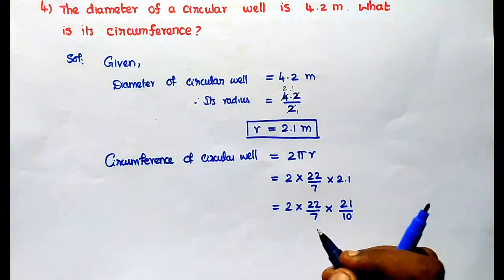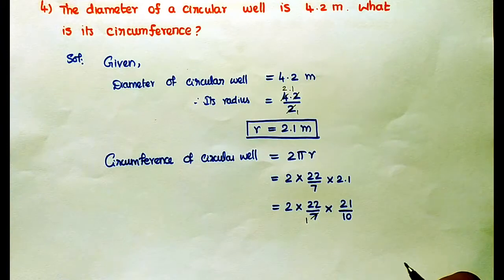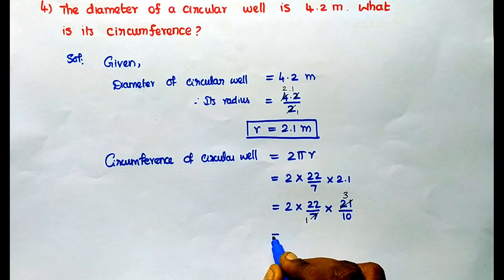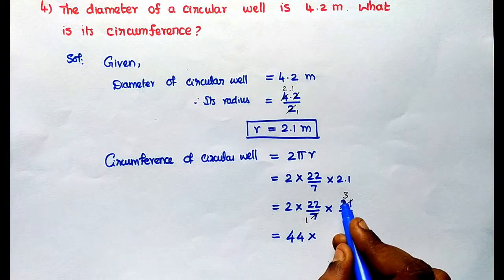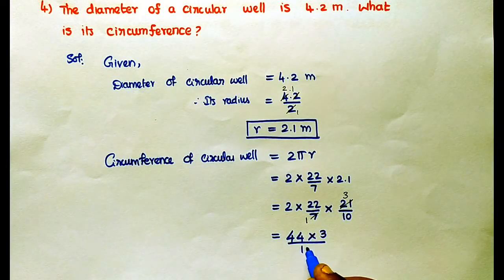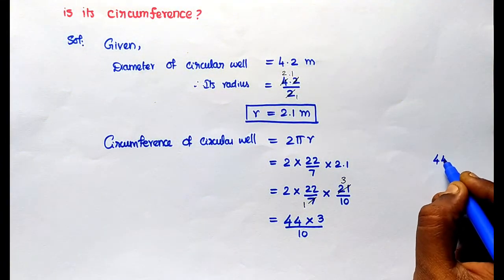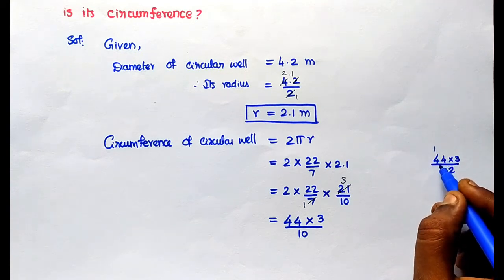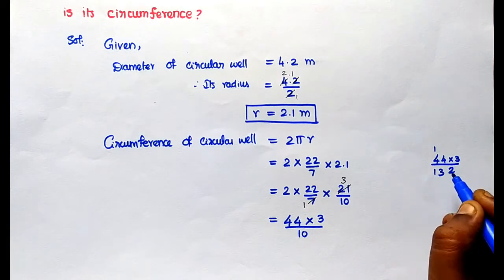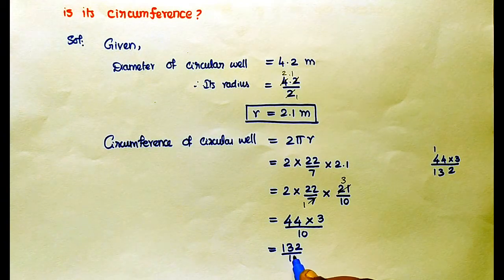Now cancel this number. We get the whole number, no. 1 7 is 7, 3 7s are 21. 2 22s are 44 into 3 by 10. That is the remaining numbers. Now 44 into 3. 4 3s are 12. Carry over 1. 4 3s are 12 plus 1, 13. 132 by 10.